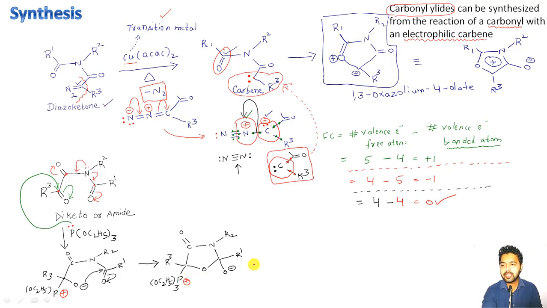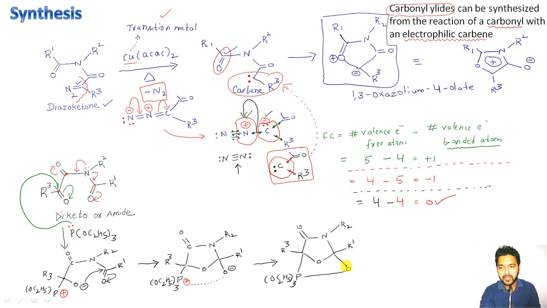So what will happen next is the positive and the negative charges will result in the formation of a bond. Okay, this positive here and this negative here will result in the formation of a bond such that I can represent it in this way: double bond oxygen, single bond nitrogen here having R2 like this, a single bond oxygen. The rest of the structure will remain the same. This R1 here, this is having R3, and moreover this is having the phosphorus with OC2H5 thrice, and now a bond in between this phosphorus and this oxygen atom, right?